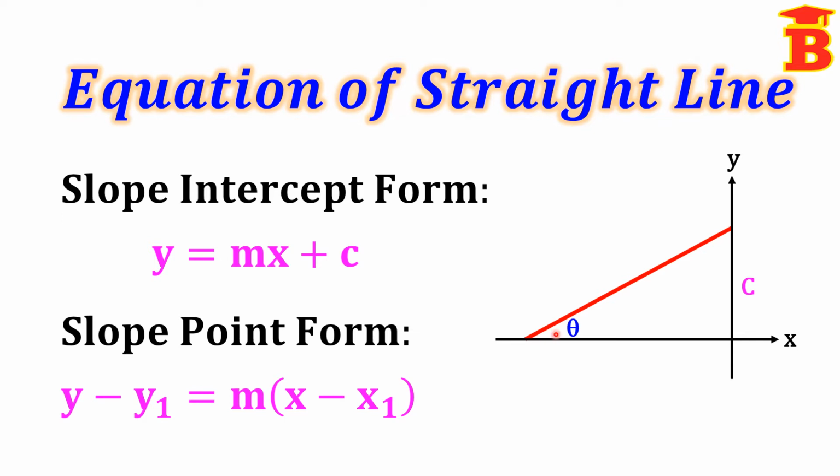So from the angle theta we can find the slope m using the formula m = tan theta. And the point on the straight line, we take it as (x1, y1), that point will be given. So if slope and point are given, then we use this form, slope point form.